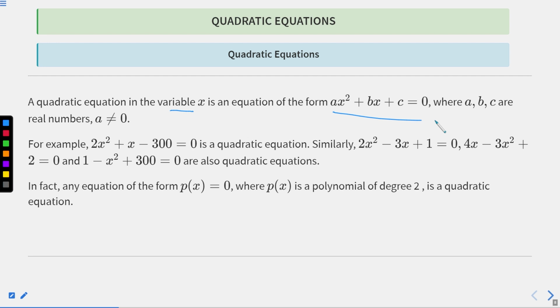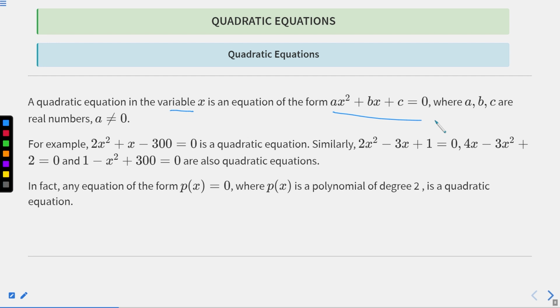And for quadratic equations, the coefficient of x square must be non-zero. Otherwise, this equation will not be a quadratic equation. This must be kept in mind.